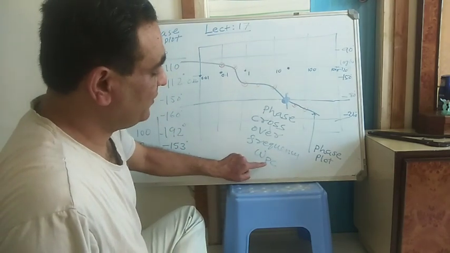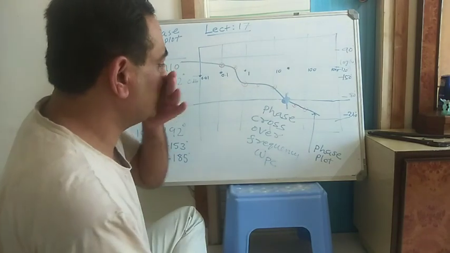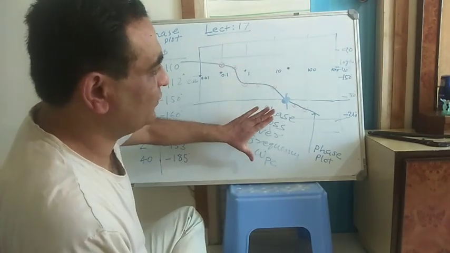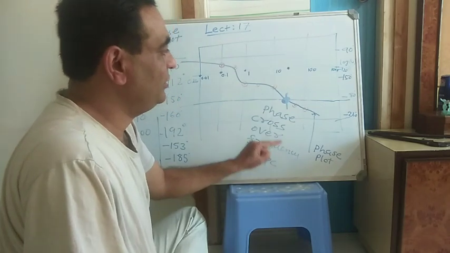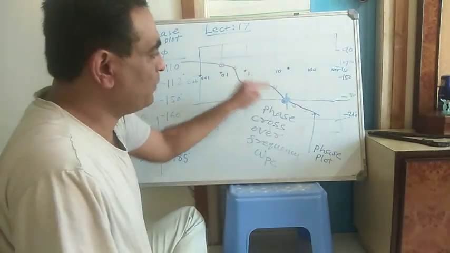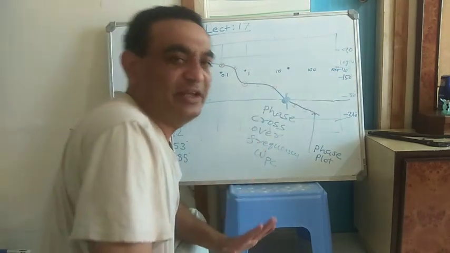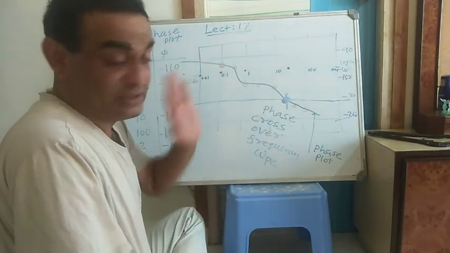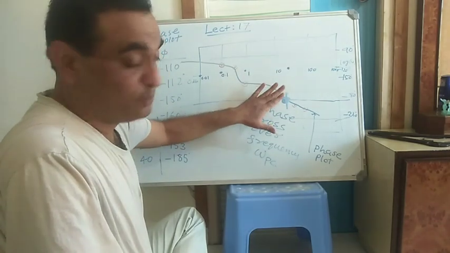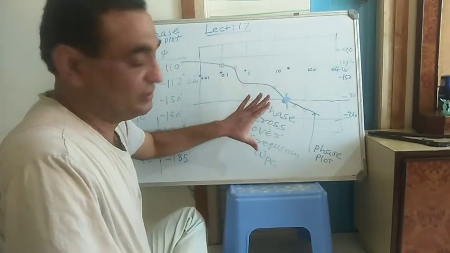PC stands for phase crossover frequency. So now the phase crossover frequency is the frequency where the phase plot crosses or intersects the minus 180 degree line. So note down that this point would be very important, phase crossover frequency.